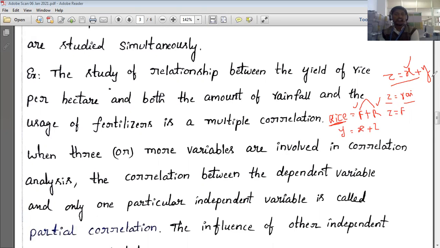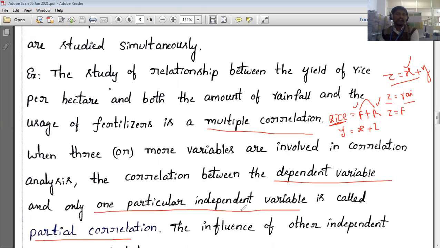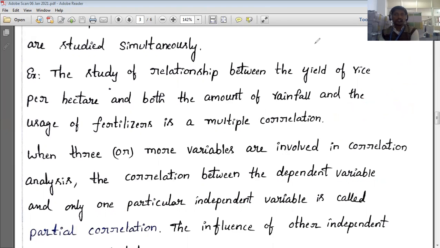Then we say that is partial correlation. Multiple correlation means whatever is included, we have to discuss all of it. But in partial correlation, we discuss the dependent variable and only one particular independent variable. We are not discussing all the independent variables.